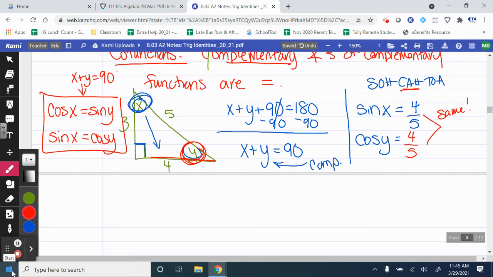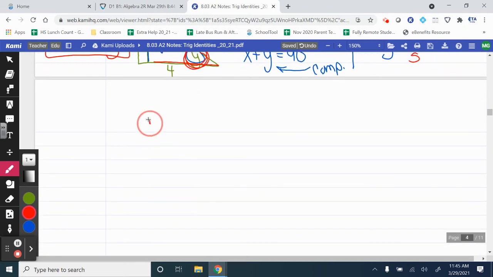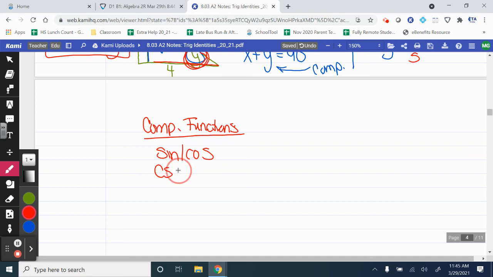So for your complementary functions, we have not only sine and cosine that match up together in this way. Secant and cosecant will also do that same thing. And then also tangent and cotangent.